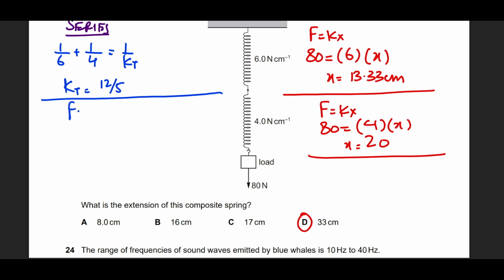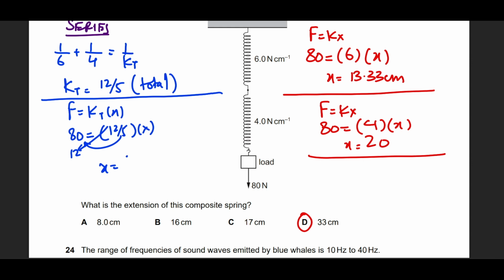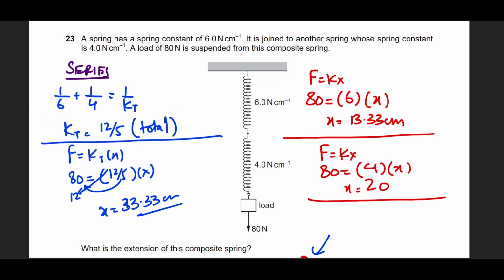So then we have F equals kt into x, because we found the total spring constant of both of them. So this is going to be 80 equals 12 by 5 into extension. Now when you solve this by taking 5 over there, dividing by 12, your x again comes out as 33.33 centimeters, which is option D. So whatever method suits you, whatever you choose to do is your choice.